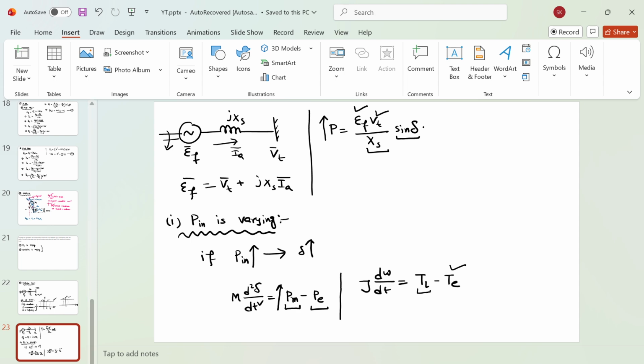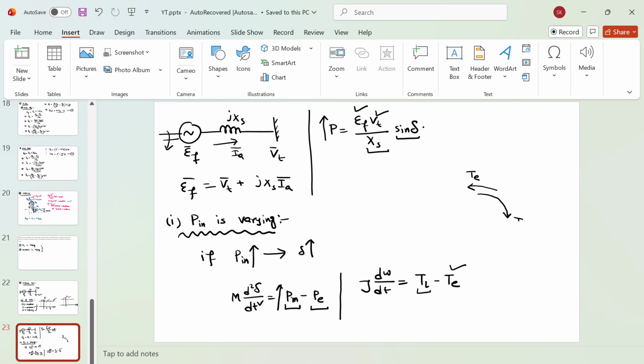and my rotor will try to accelerate, because in case of a generator, the direction of the electromagnetic torque and the direction of this mechanical torque are in opposite directions. So if, because of my load torque TL, my generator is rotating in this direction, the electrical torque will try to stop it, or act in the negative direction.